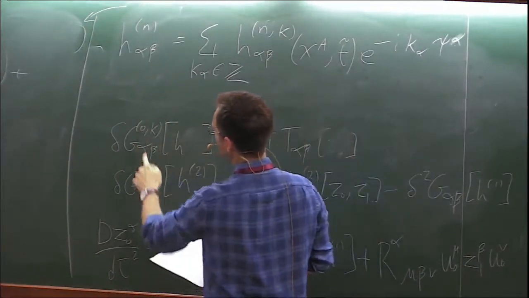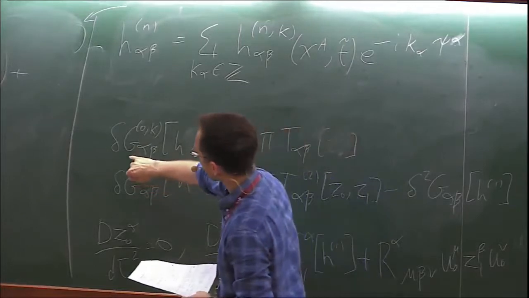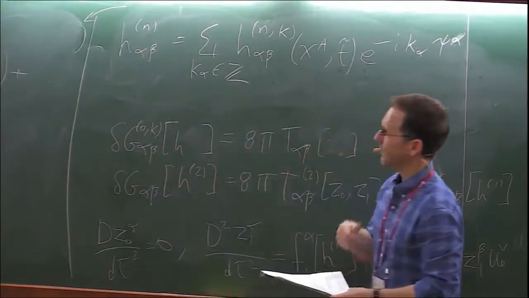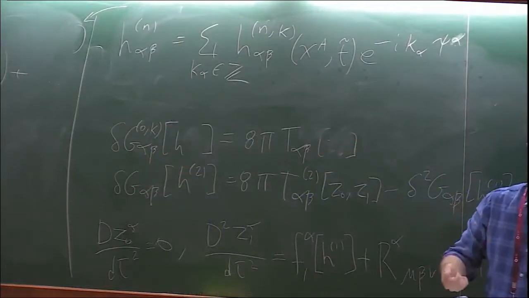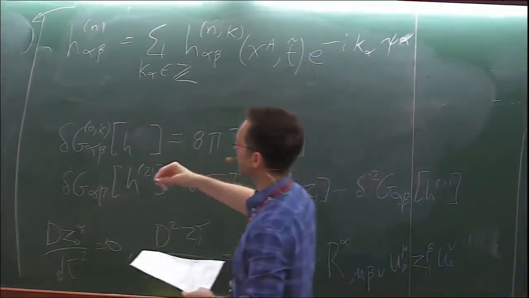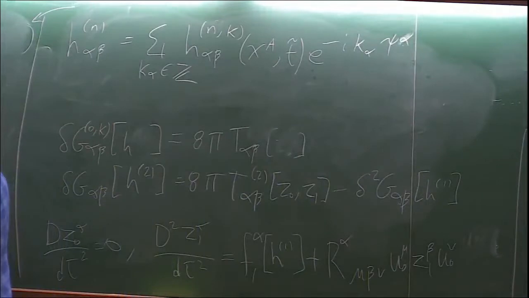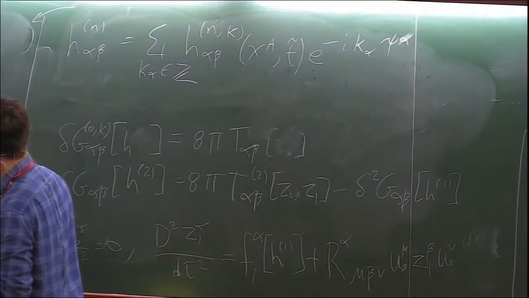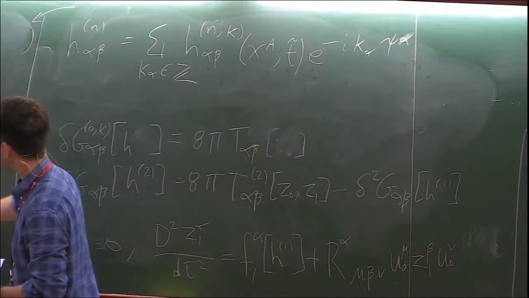And the 0 means when I operate with the linearized Einstein tensor on H, I'm just ignoring derivatives of the slow time dependence. The reason I'm doing that is if I operate with a t derivative on some function of slow time, then that's dt tilde dt times d/dt tilde of h, but this is just epsilon.